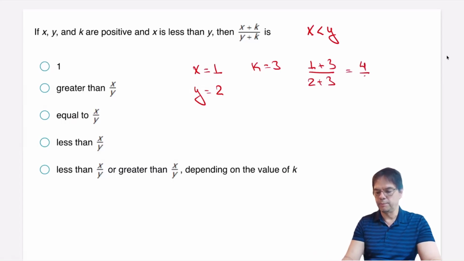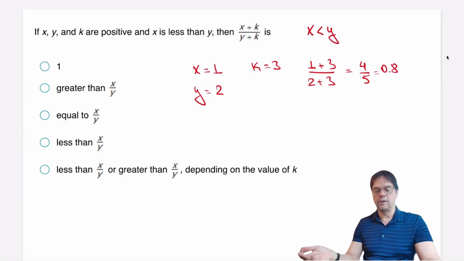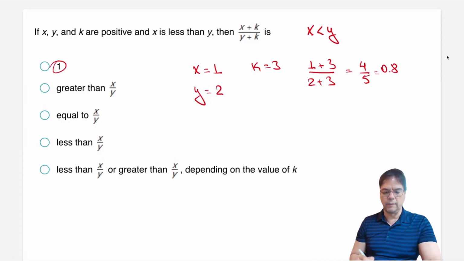This is equal to 4 over 5, exactly 0.8. It's greater than X over Y. X over Y is a half. Yeah, it's greater.